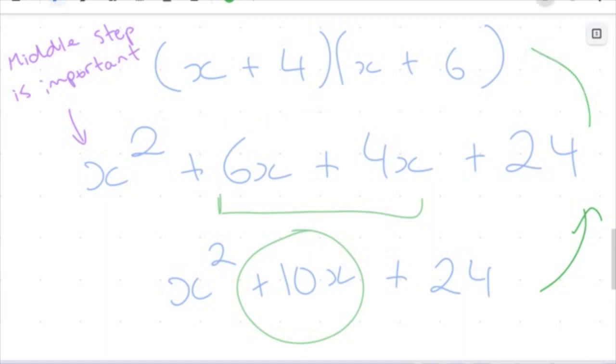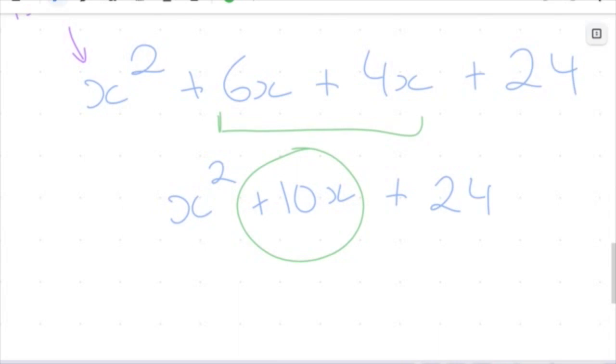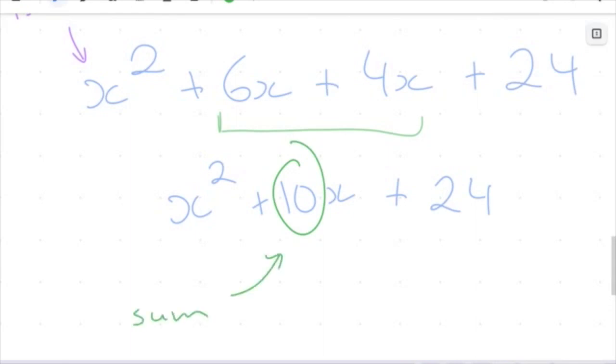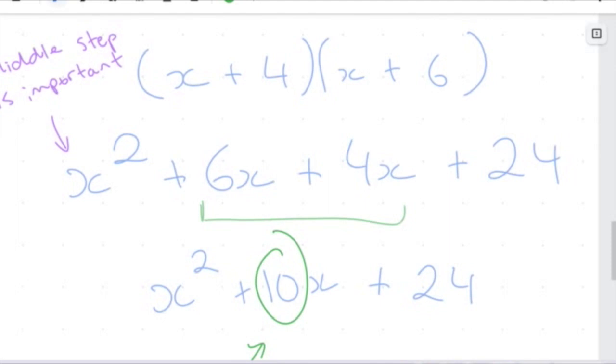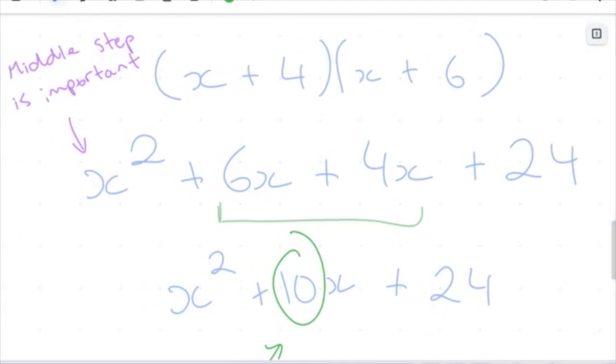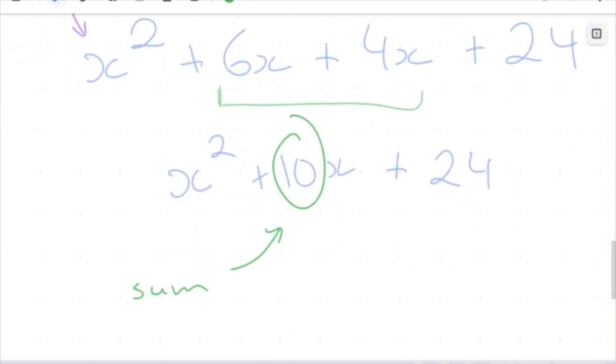So going on with the examples, the things we observed, we said that this middle term, this coefficient, was a sum of the two whole numbers, the two integers in my binomial products, and this ended up being the product of those two numbers.